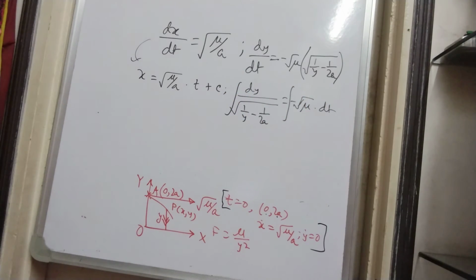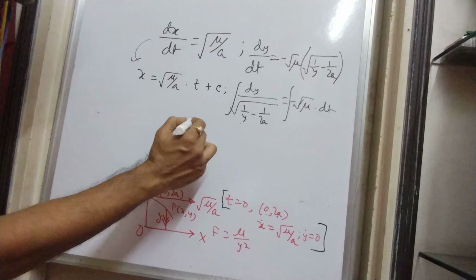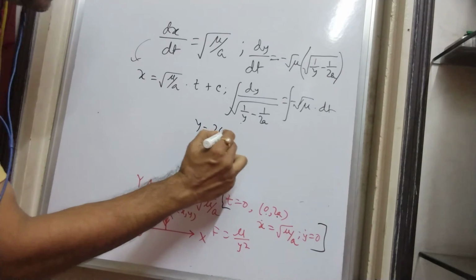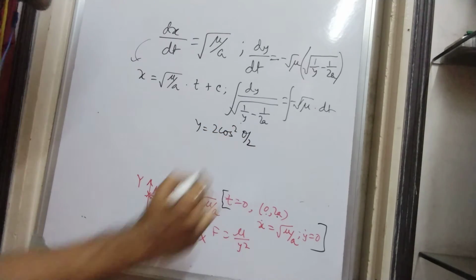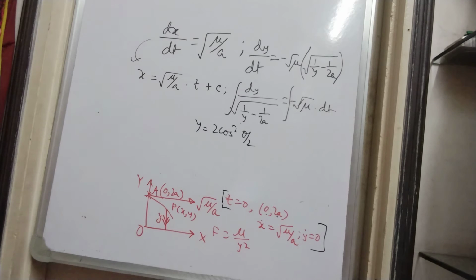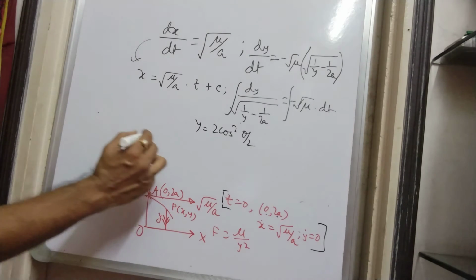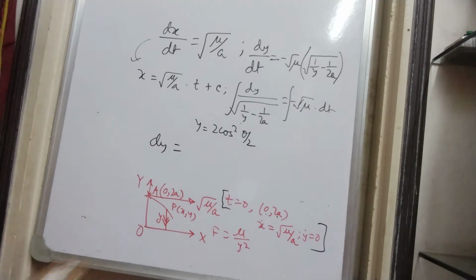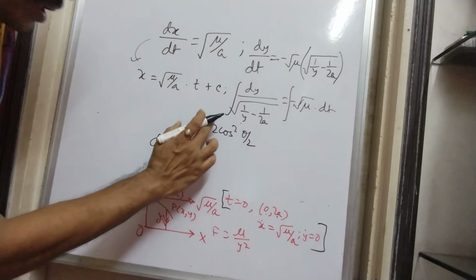Okay, and if we substitute y equal to 2a cos square theta by 2, then we do have dy equal to, what will be dy? Sorry, there is a 2a.